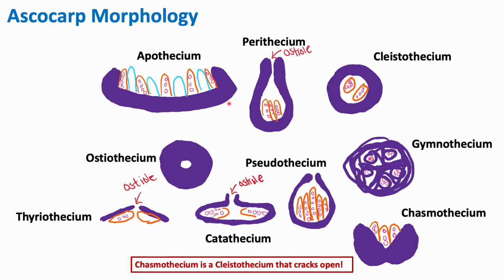Remember that the stroma is essentially hyphal tissue that is super compactly aggregated, and we get this thick structure which we call the stroma. And the stroma in ascocarps is mainly haploid.